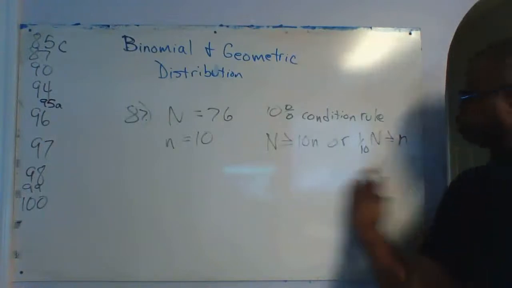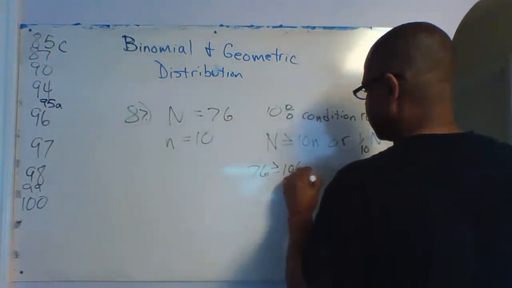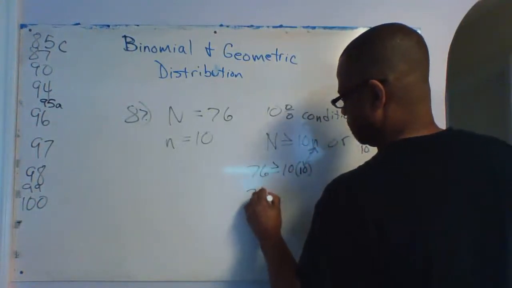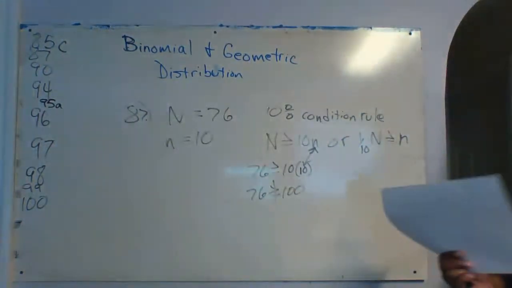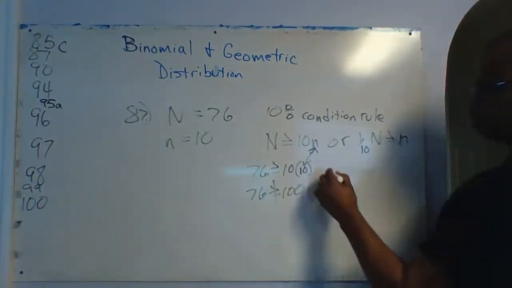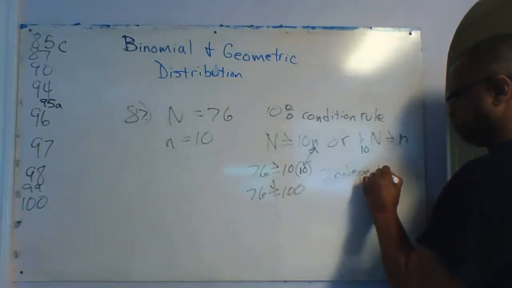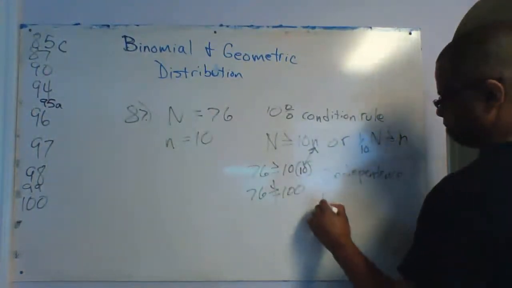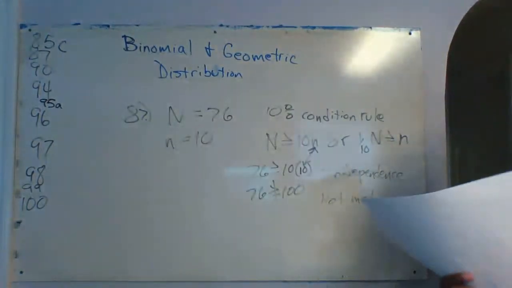Oh, I should do it on this side. So I'm going to do 76, and then this is 10 times 10. And this is for independence. It's not met.